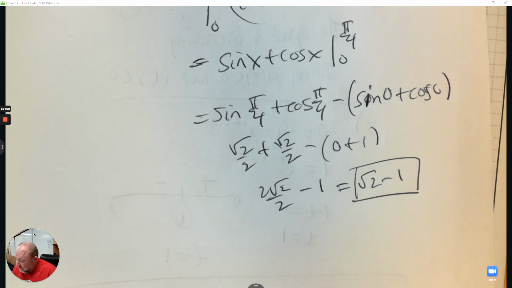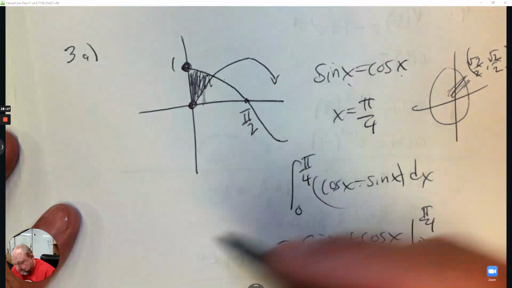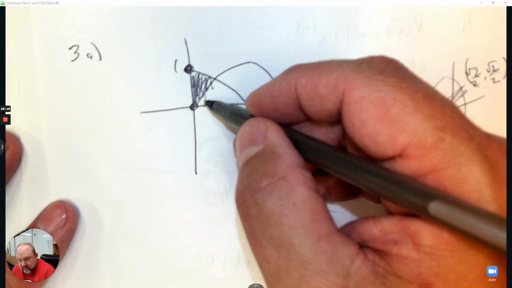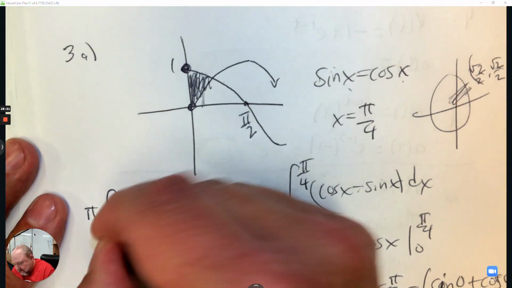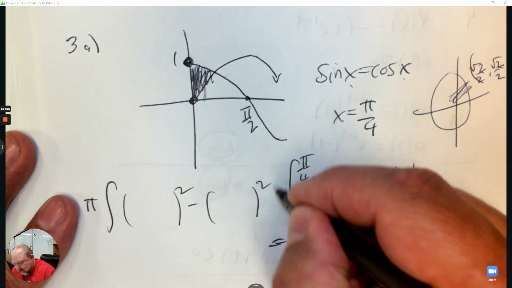It says find the volume generated when it's revolved around the x-axis. So around the x-axis here, there's a space here. So I know it's going to have 2 radii, a big radius and a small radius.